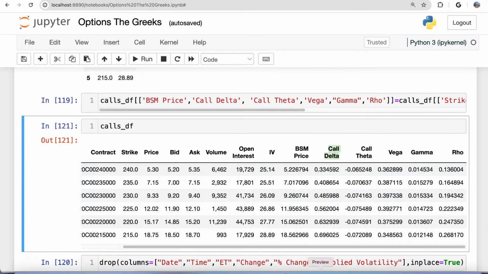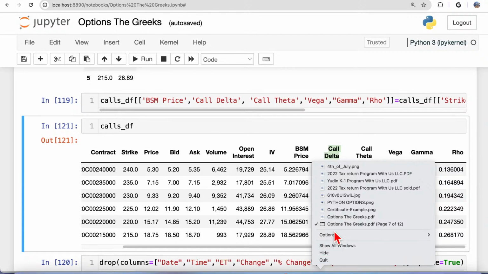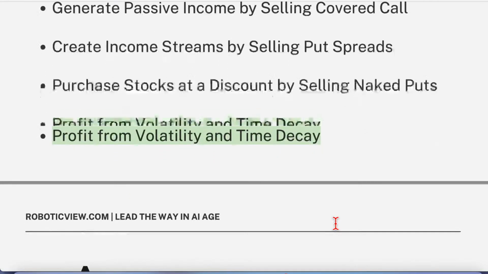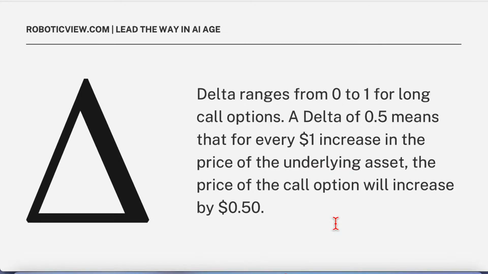All right, let me pull up my little presentation. Delta is pretty much the expectation of how much the option price will change based on the price change in the underlying stock. Keep in mind that options contracts depend on the price of something.